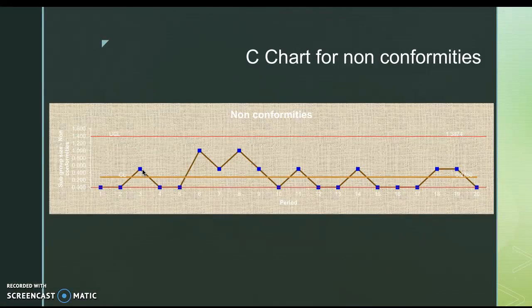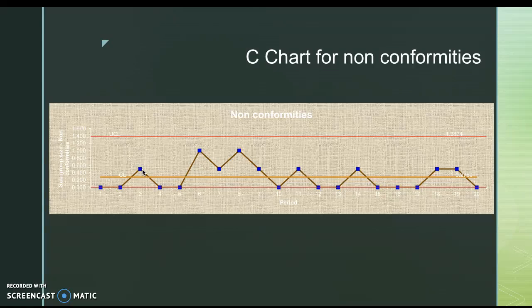Next, I plotted my non-conformities on a C chart. My non-conformities are, for example, if I was not able to achieve my 10,000 step goal on a particular day, that would be one non-conformity. The second non-conformity is if on the same day I'm not able to achieve the step goal and I also ate dessert after the meal.